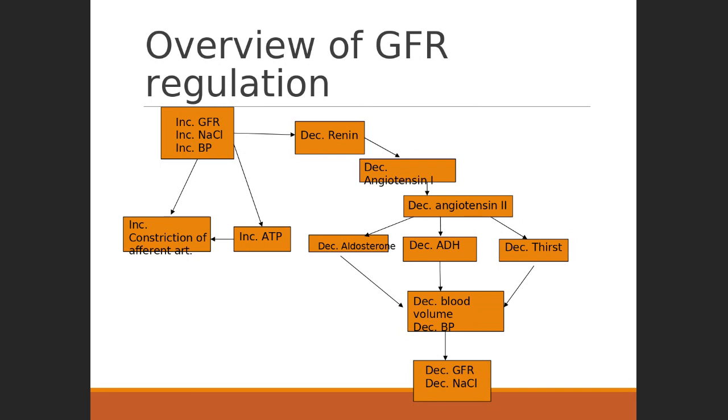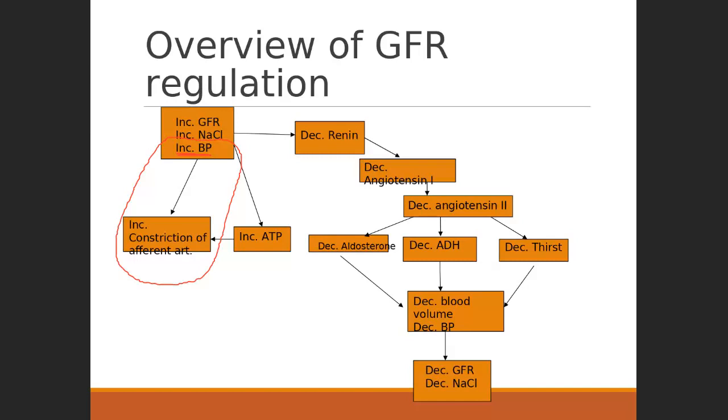Myogenics take the systemic blood pressure and accommodate to it to keep GFR independent of the blood pressure. The tubuloglomerular feedback more so makes corrections to the blood pressure that was causing the problem to begin with. So here is our myogenics in red. Remember, they are a direct response to changes in blood pressure.